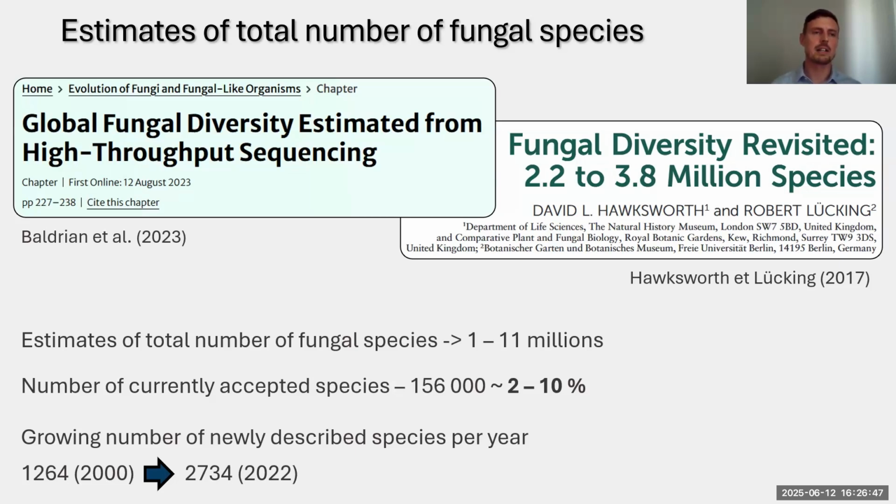The general idea is that we are just trying to find as many species as possible as quickly as possible, because there are so many of them that we are not even close to the final number. Here I just demonstrated this phenomenon with these numbers: there are twice as many species described per year now compared to 25 years ago.